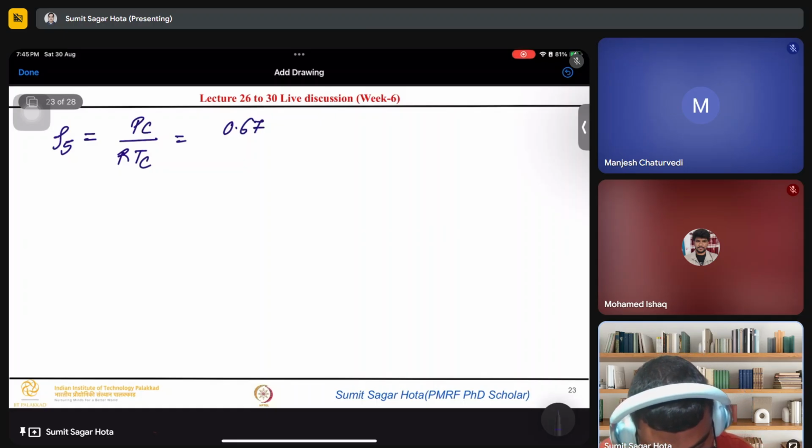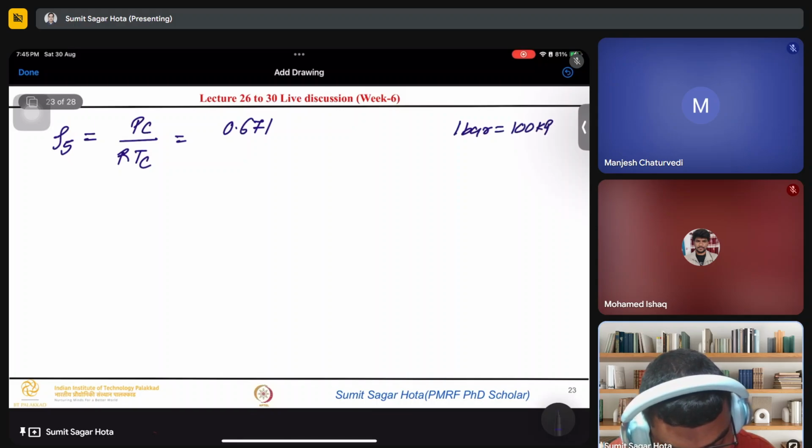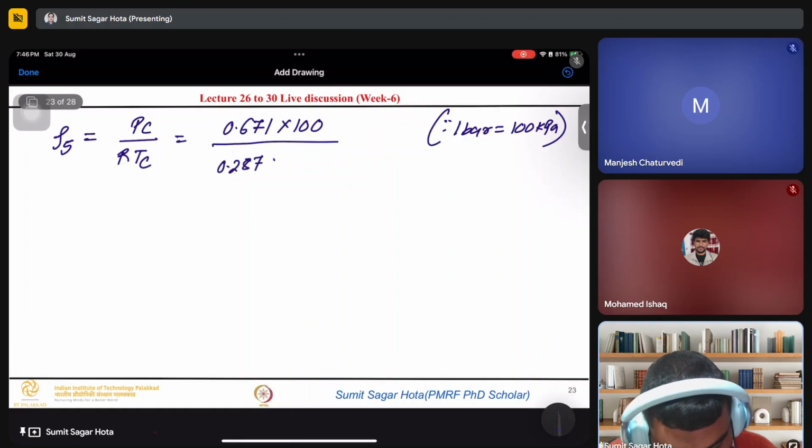Pc we know, 0.671 bar, and 1 bar is equal to 100 kilopascal, so 0.671 into 100, converting into kilopascal. R is 0.287 kilojoule per kg Kelvin.